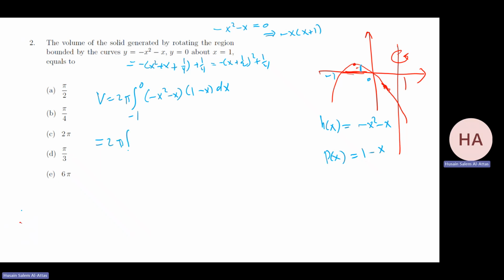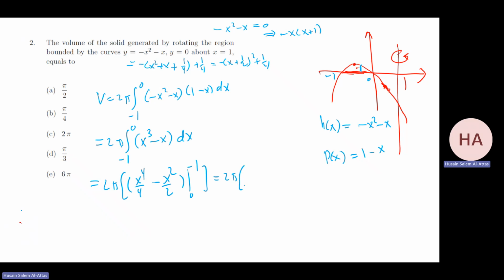That will be 2 pi times, what I have, x cubed. Here I have x squared, minus x squared again, minus x. Easier. That will be 2 pi times x to the power 4 over 4 minus x squared over 2, from 0 to minus 1.